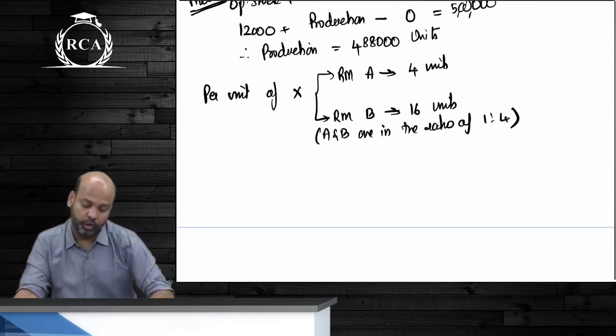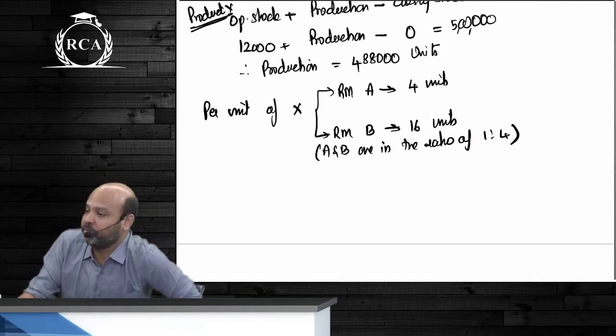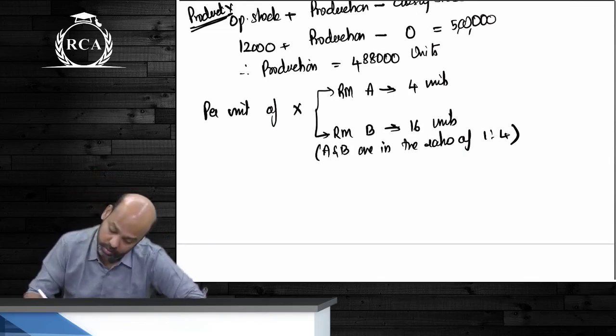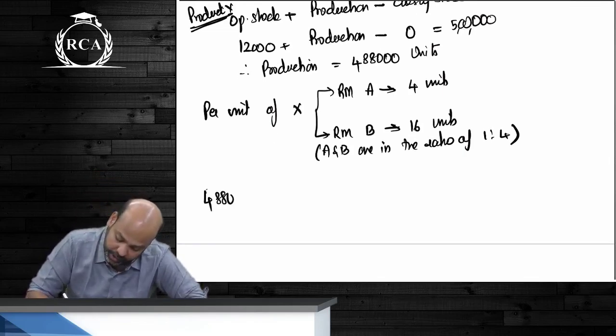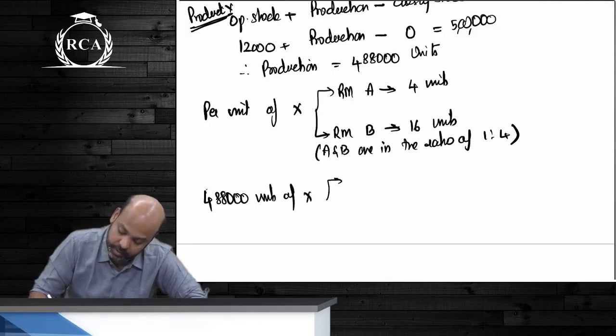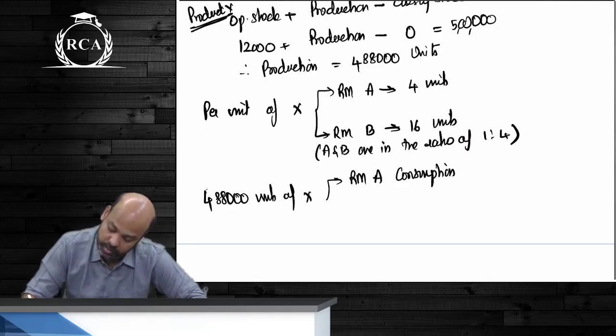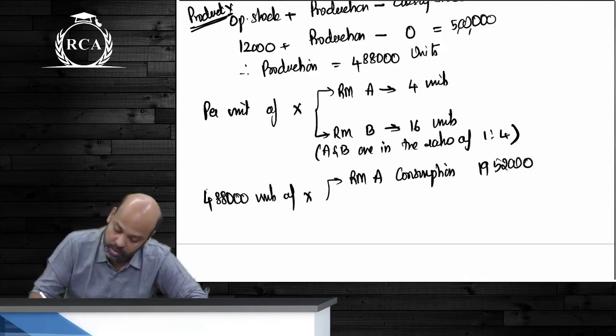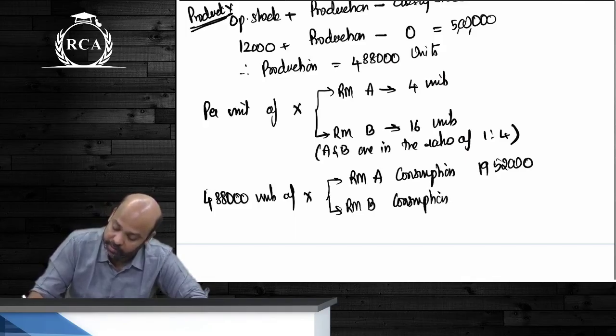So if you need 4 of A, you will be needing 16 of B. So for 4,88,000 units of X, guys, raw material A consumption will be how much? 19,52,000. What will be raw material B consumption, guys? 78 lakhs.